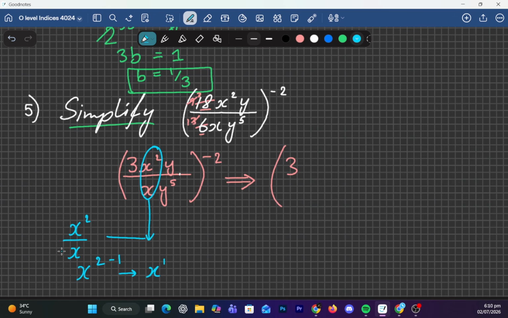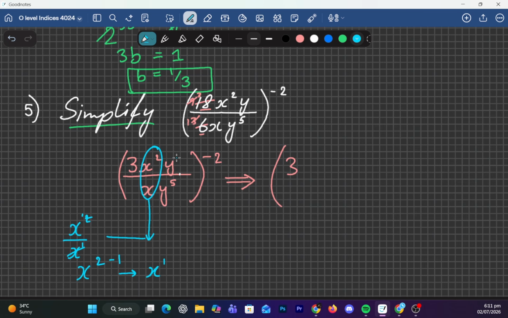We can also do an easy method for this. Where we have a power of 1 and here we have a power of 2, we can cancel one from here and one from here will automatically cancel. So this can be done this way also.